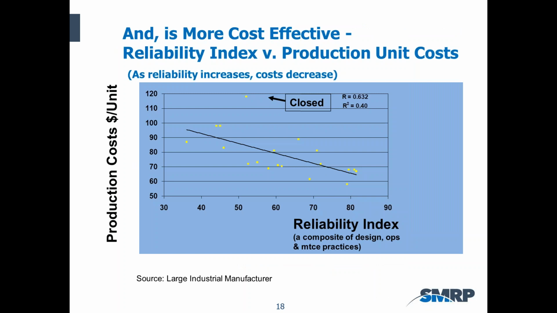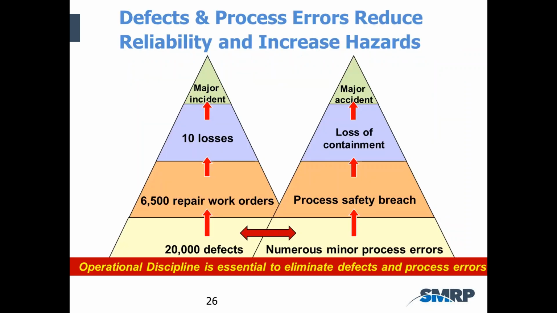And we also looked at this data from a large US manufacturer, where we compared production costs, dollars per unit, to a thing called a reliability index. And as you can see, the better your reliability, which by the way includes design, operations, and maintenance, the lower your production costs, not just your maintenance costs.